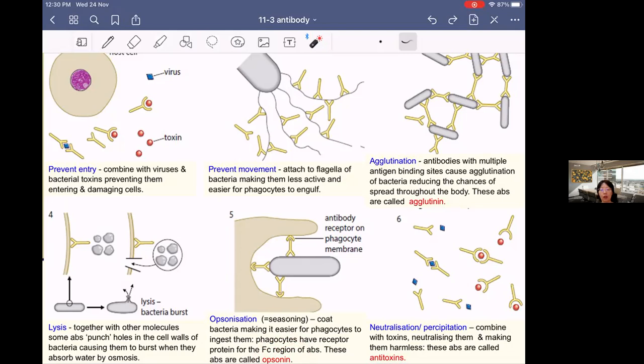Okay, opsonin. Now the last way of antibody working is neutralization or precipitation. That means it will bind to the toxin of the bacteria or the viruses. It will bind to the viruses and neutralize it to make it unable to act on our body cells.